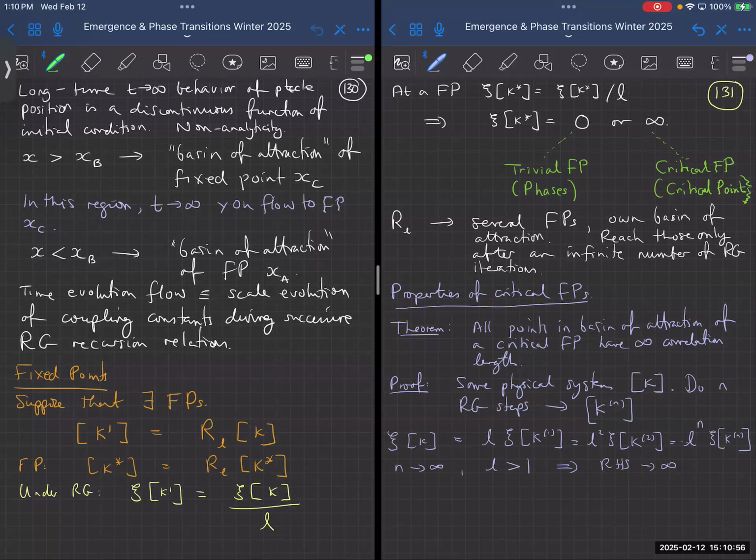And that's true if psi of K infinity is a critical fixed point.